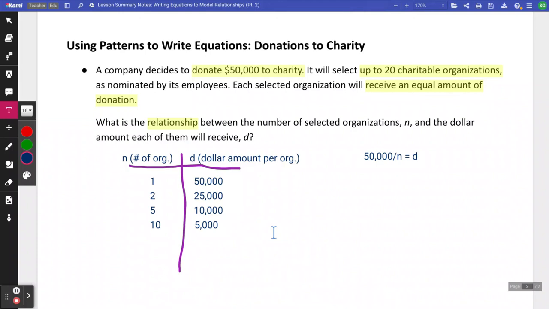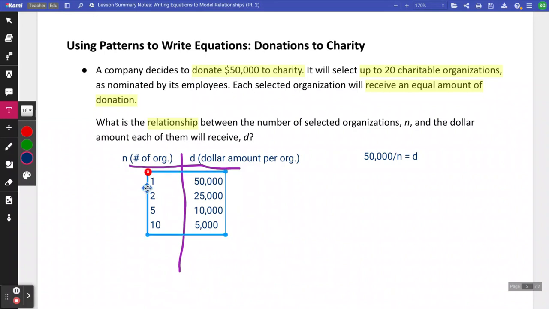The other equation we could write is going to use a different operation. Instead of division, the other equation we could write is going to have to do with the opposite of division, multiplication. If you don't already have an equation with multiplication, see if you can come up with what that multiplication equation might look like.